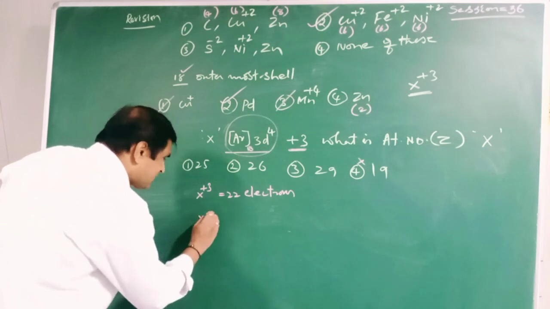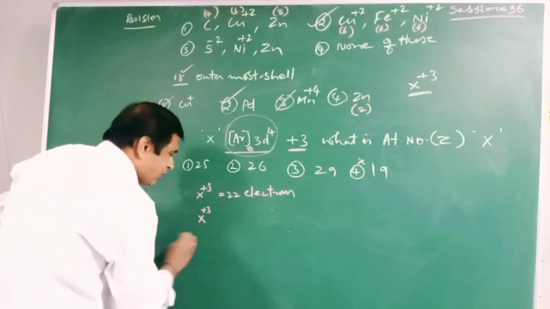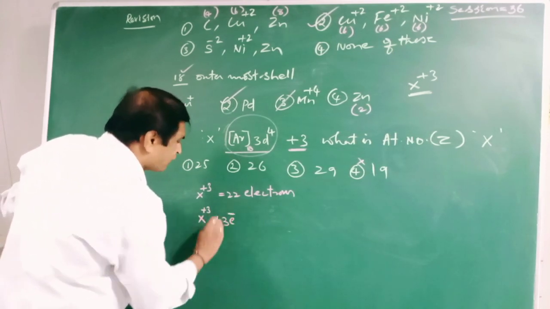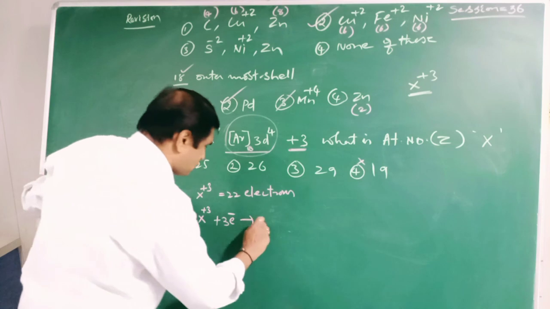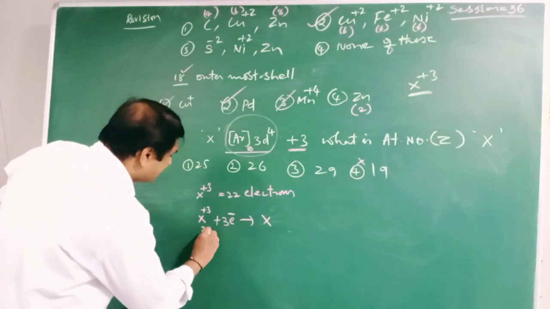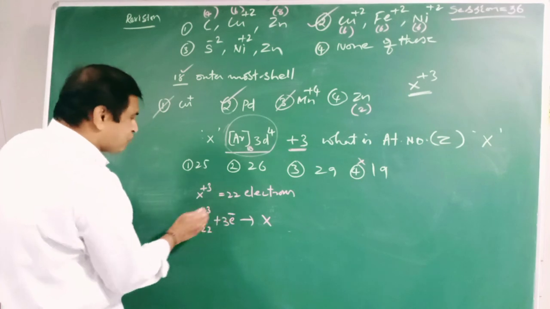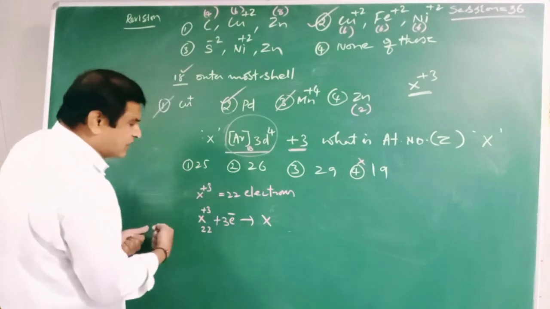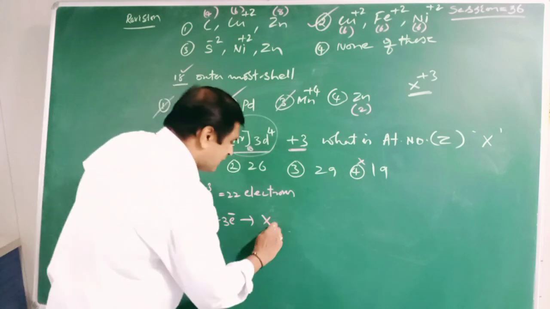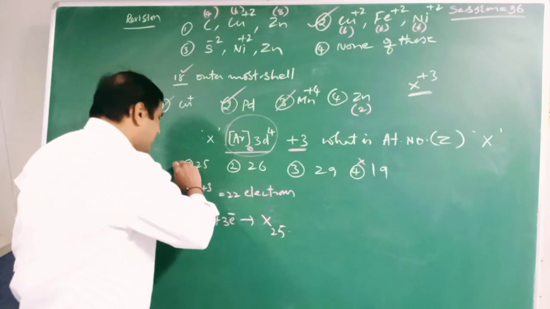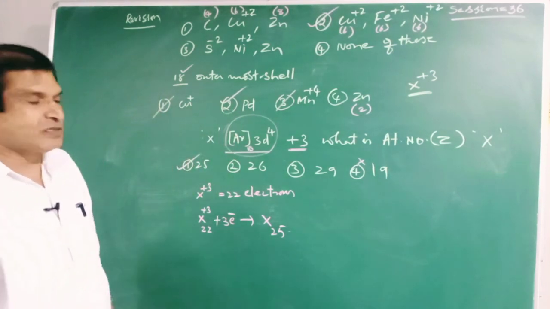Now it is gaining 3 electrons. After gaining 3 electrons, it becomes the neutral X atom. Whatever it lost, the 3 electrons are gained back. So then it becomes X25.